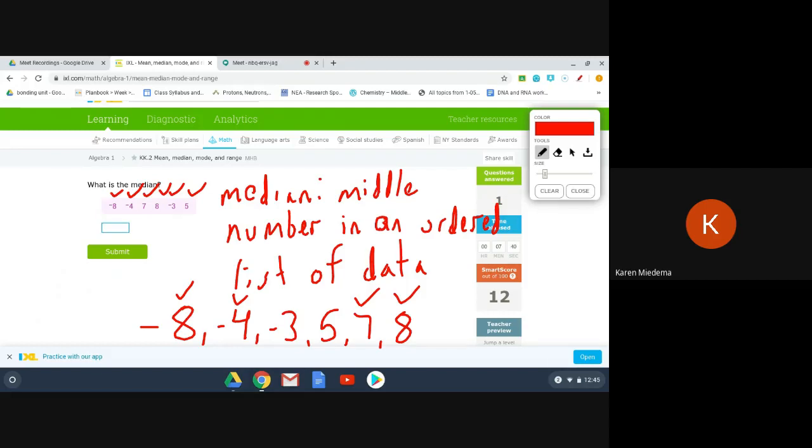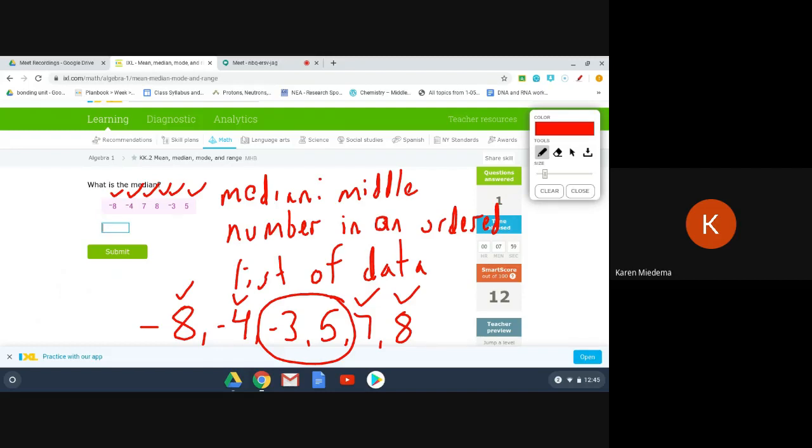Nothing would be left. So anytime that you have an even number of data items and you're looking to find the median, you have to take the average of the two middle numbers. So how do I take an average of two numbers?